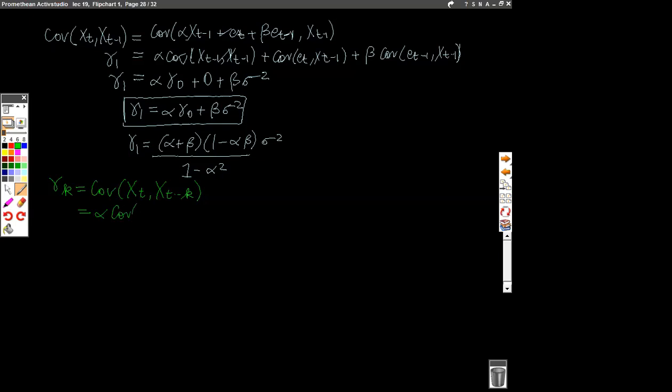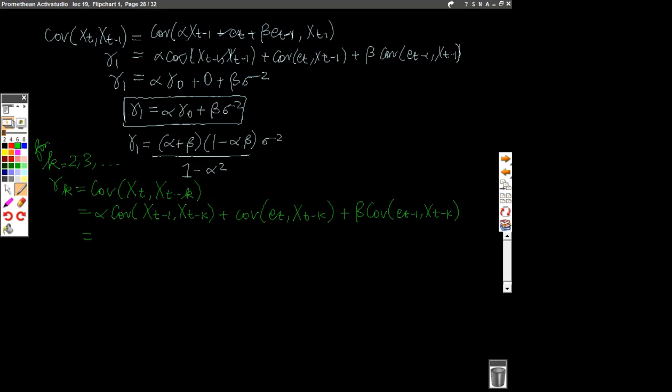This will be alpha times covariance of xt minus 1 and xt minus k, plus covariance of et comma xt minus k, plus beta times the covariance of et minus 1 and xt minus k. Remember, we are doing this for all values of k greater than 1, so for 2, 3 and so on.